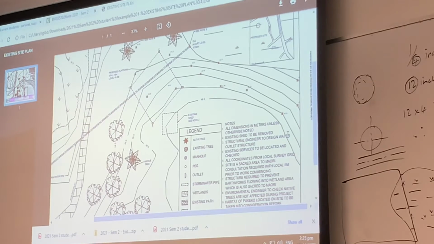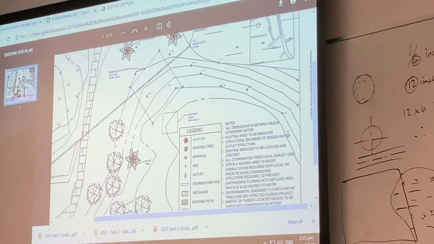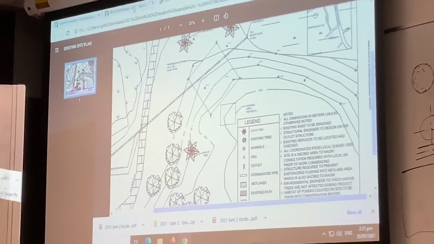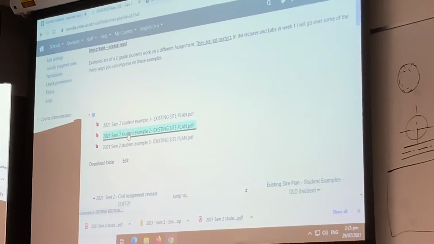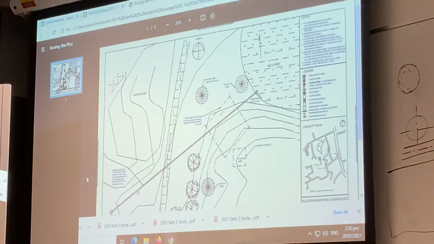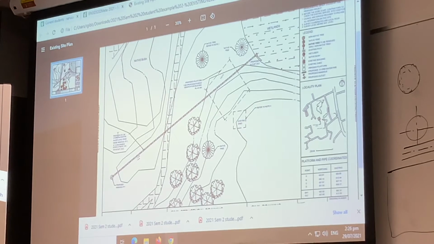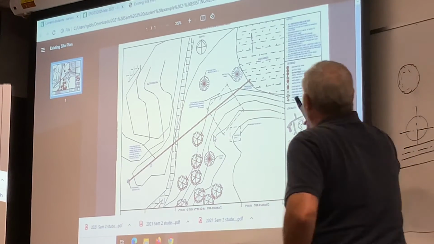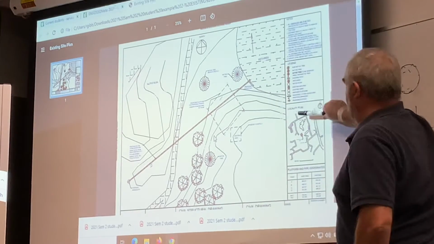So let me have a look at the next drawing. And most of you will agree, I hope, that this is a much better way of presenting the drawing. Okay? So everything's down here.